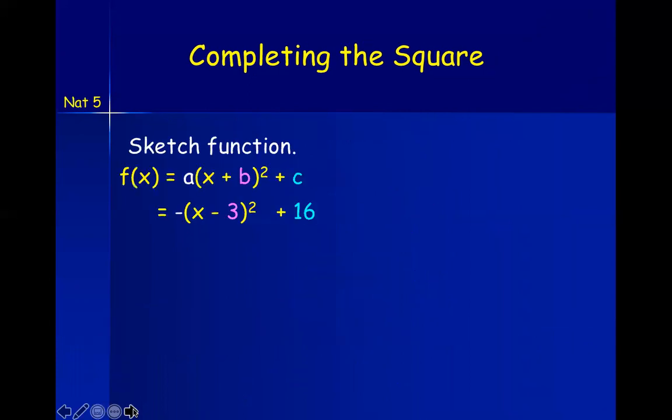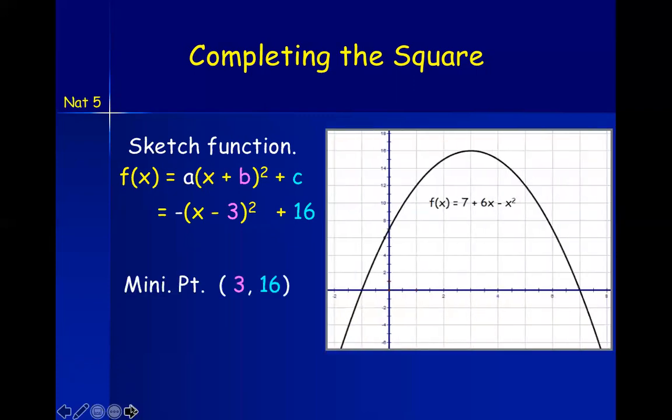Okay, so let's see this one. Sketch the function negative (x minus 3) squared plus 16. To sketch this, you would say axis of symmetry x equals 3. When x equals 3, I get a maximum turning point of 16. So 3, 16 is the maximum turning point.